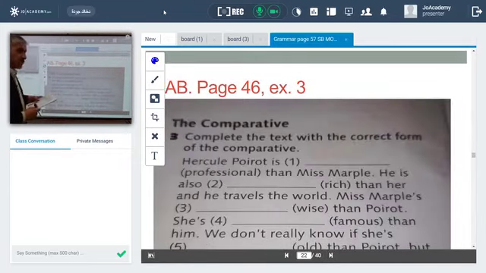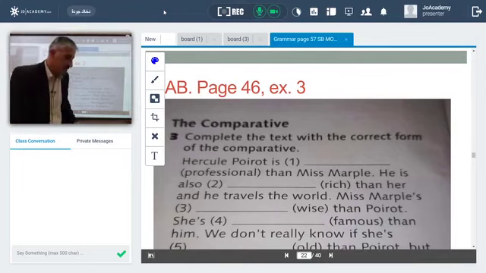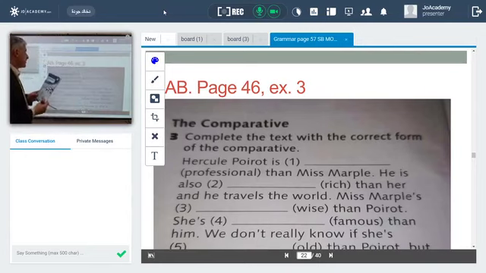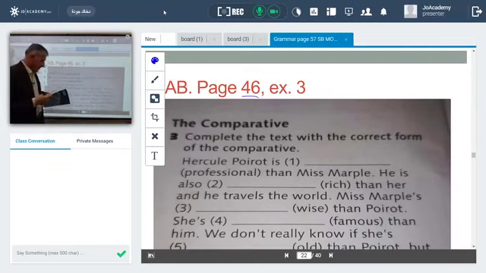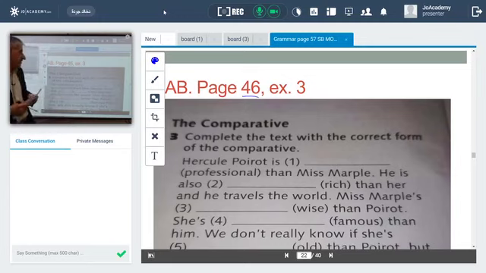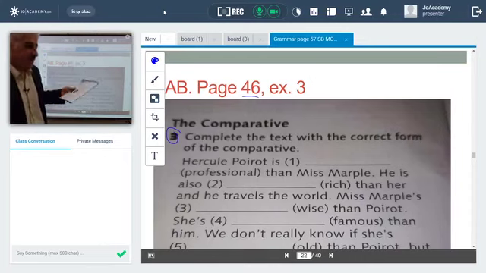Now, dear student, let's move to the activity book. Please open your activity book, page 46. Let's see the exercise. We have the comparative, exercise number 3.